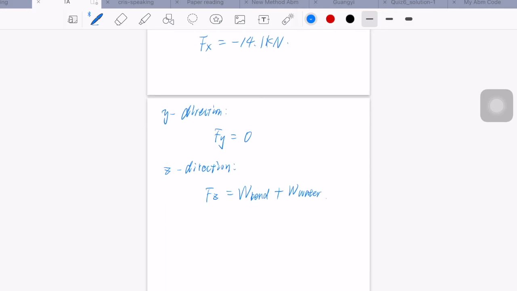And we know the weight of the bend is 400 Newton, and the weight of water in the bend should be equal to the specific weight times the volume.